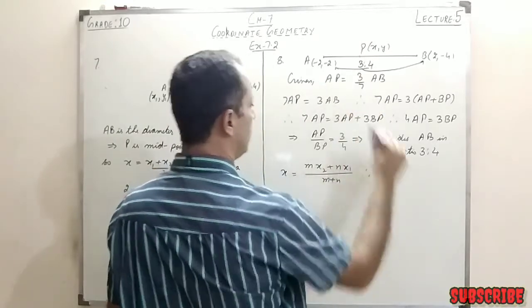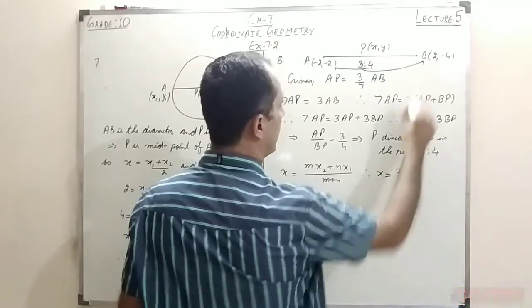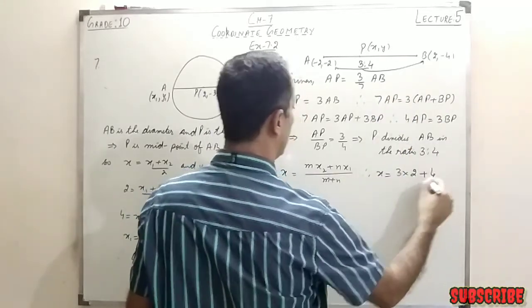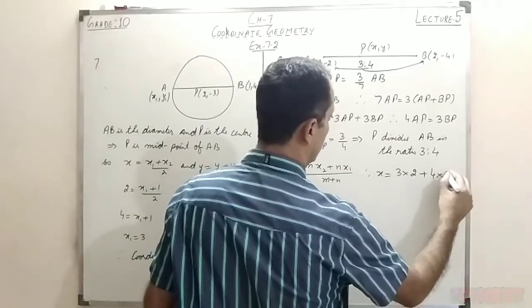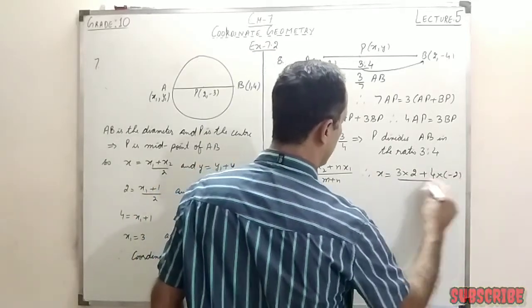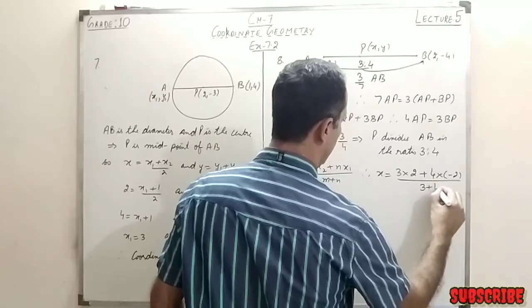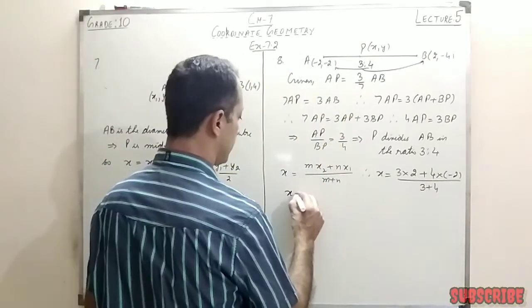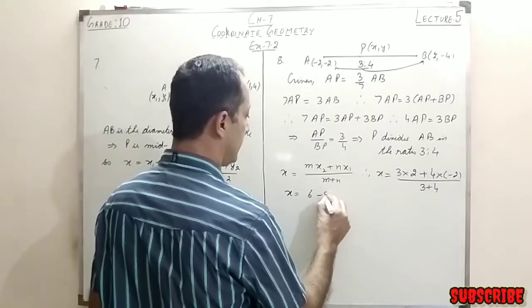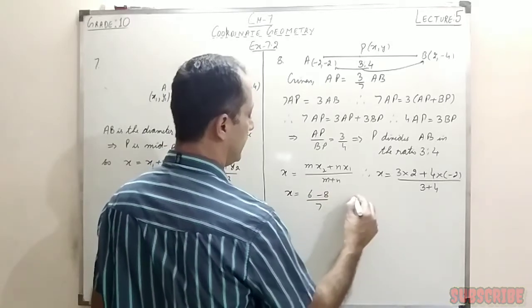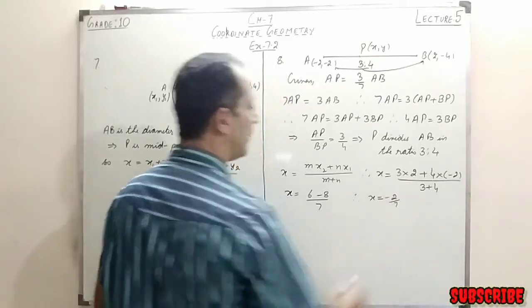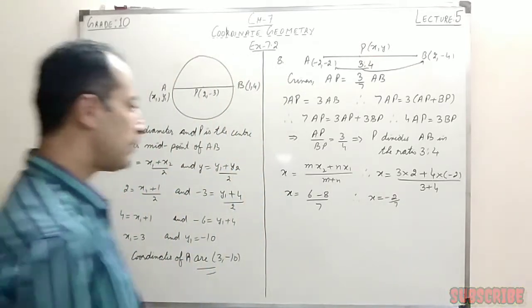Now m is 3 into x2 is 2 plus n is 4 into x1 is -2, upon 3 plus 4, right? So this is x equals (6 minus 8) upon 7. Therefore, x equals -2 by 7.